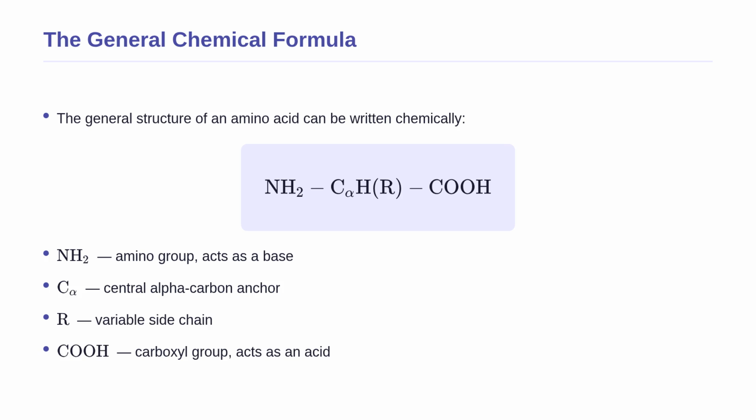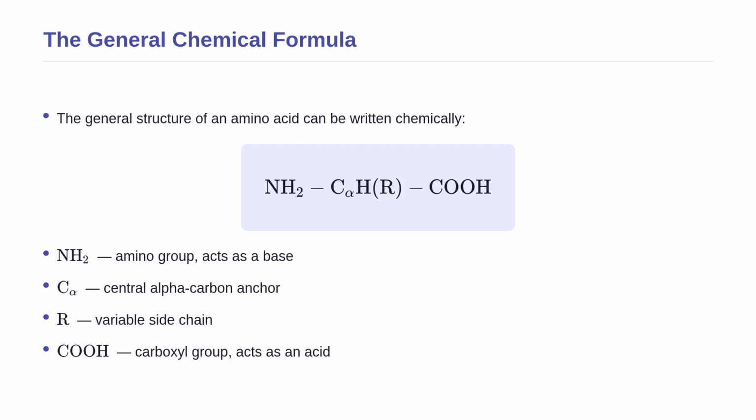Knowing the components, we can now write this out chemically. This formula represents the general structure of an amino acid. The NH2 represents the amino group, which acts as a base and can accept a proton. The C-alpha is our central anchor, holding everything together.